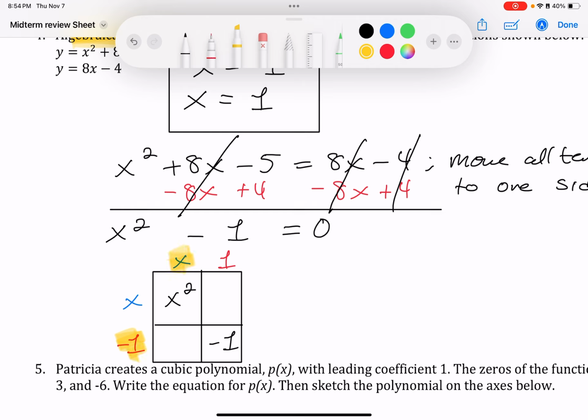-1 times x is -1x, or just -x. And I meant to put +1 here, so let's put +1. One times x is 1x.